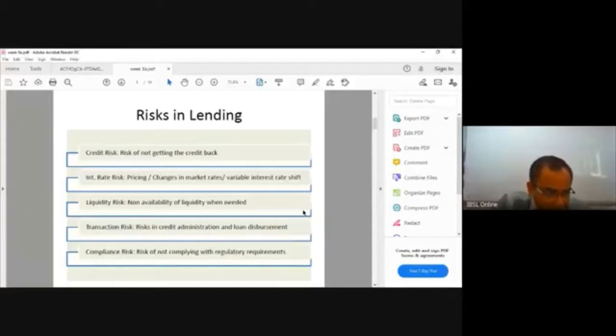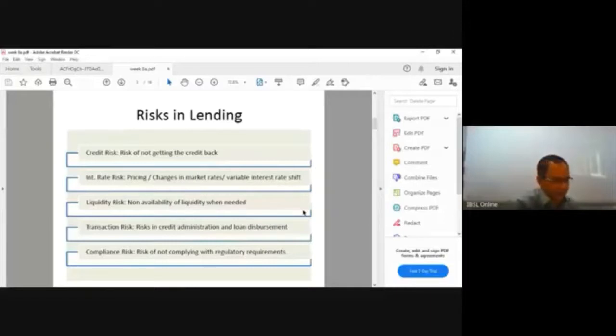Are we comfortable in meeting the commitments? Are we comfortable in meeting customer withdrawals and loan disbursements? So that liquidity risk is there with the bank, and it has to be effectively managed, most of the time not by those of you working on the front line, but by the treasury.